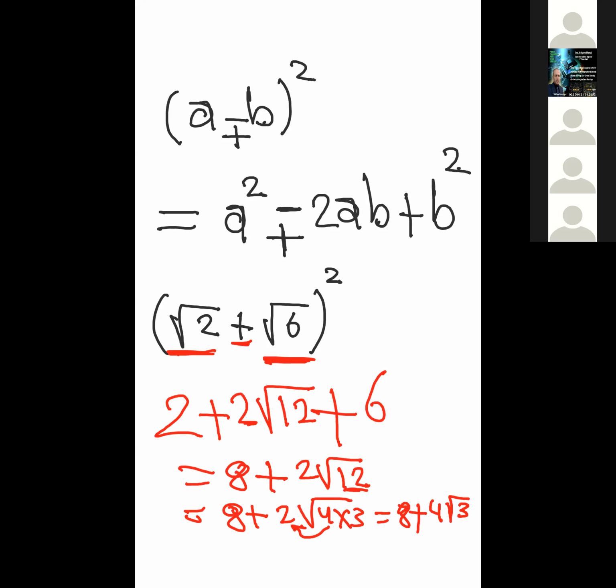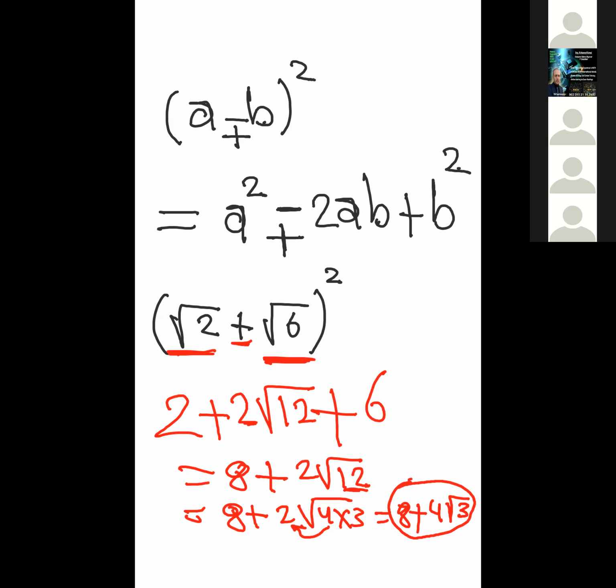Now it's clear, guys? Mister, can we say 8 plus 4? Can we make 8 plus 4 square root of 3 equal 12 square root of 3, like a final solution?